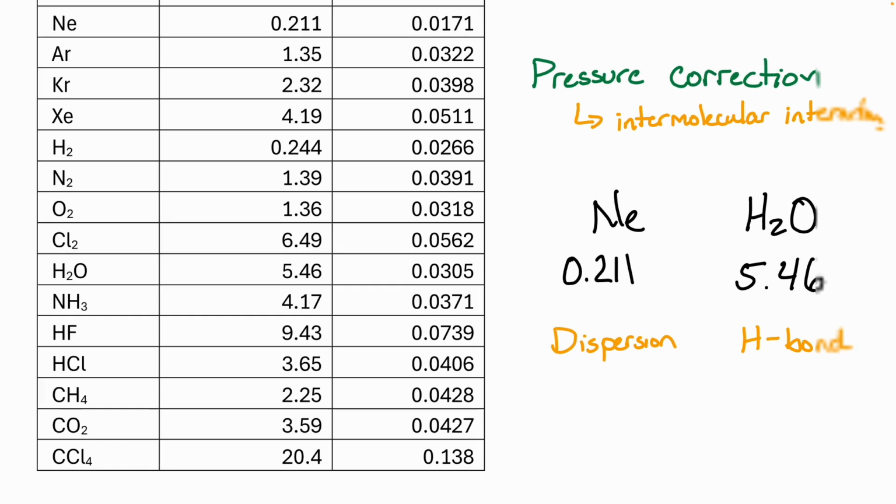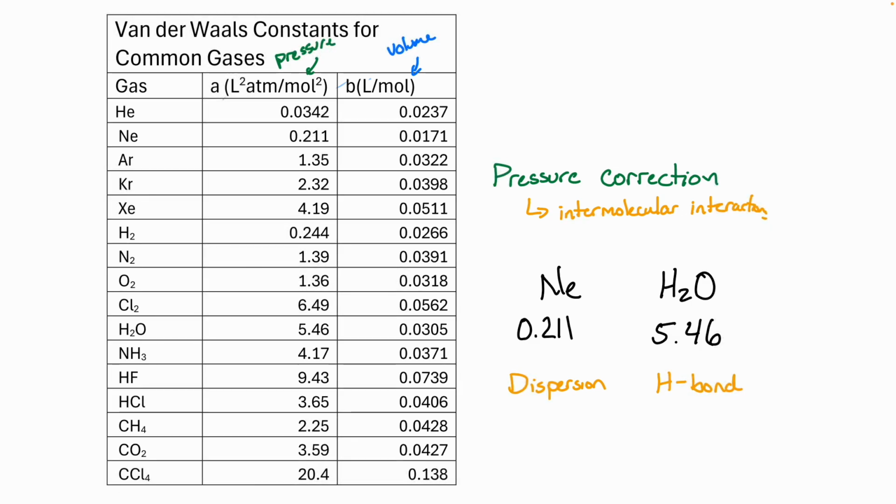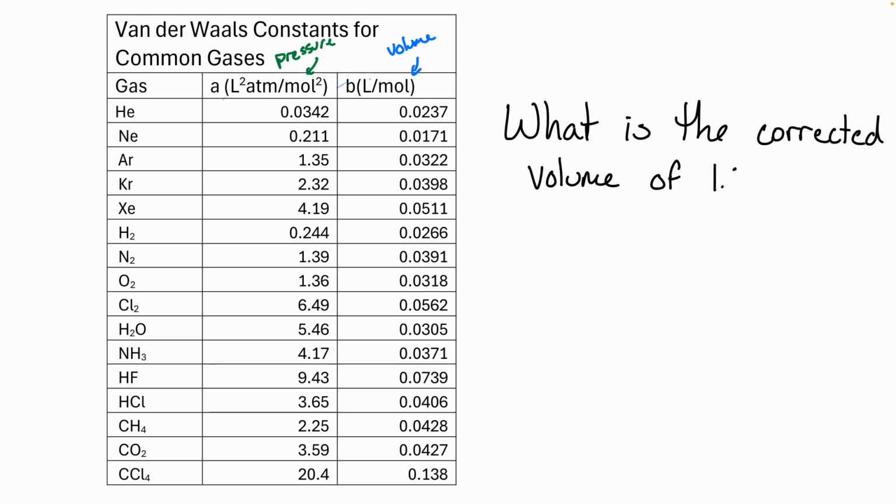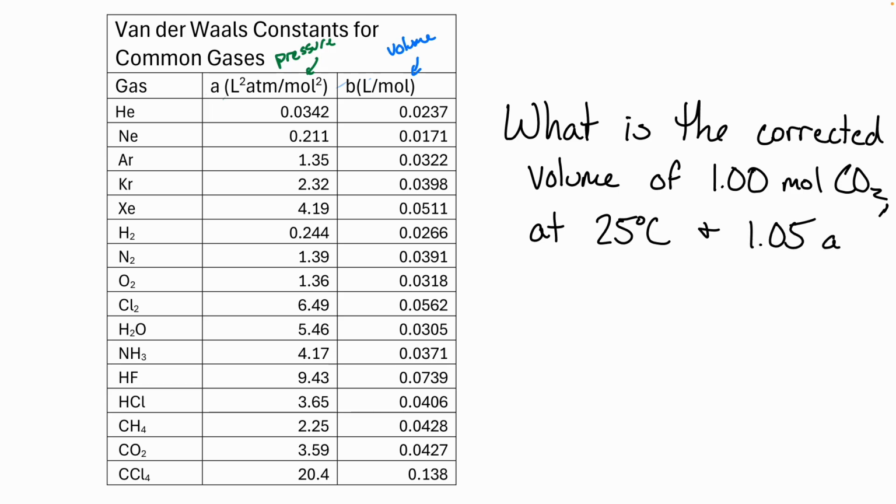All right, so let's use our table here. Let's say, what is the volume, the real volume, our corrected volume, of 1 mole of CO2 at 25 degrees Celsius and 1.05 atm?